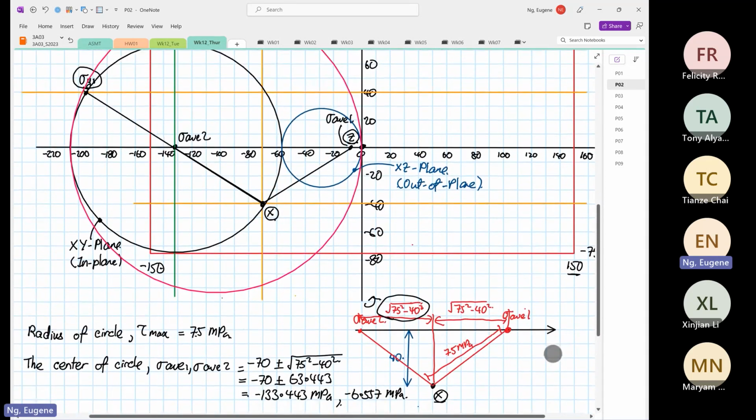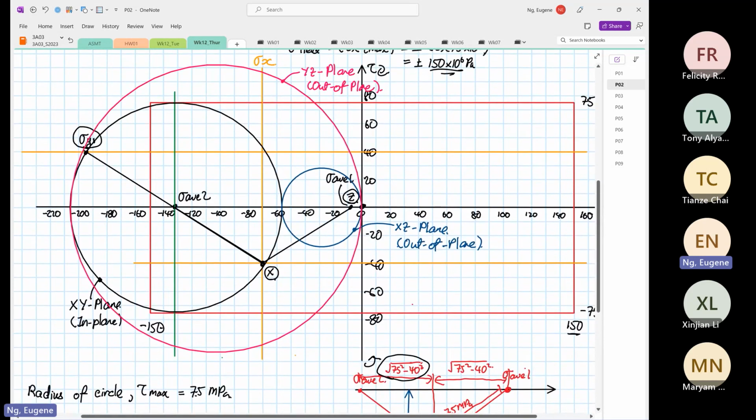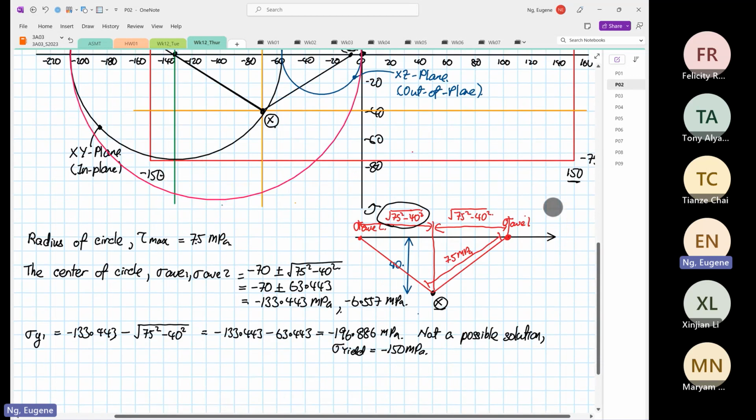Okay, there's no hope already. So this is the complete stress state of the element. The biggest one is on the YZ plane. So this is not a possible answer. So this is wrong. Or this is not possible.